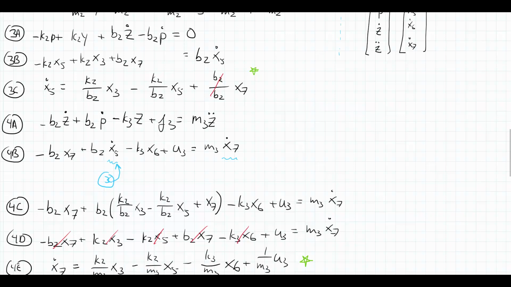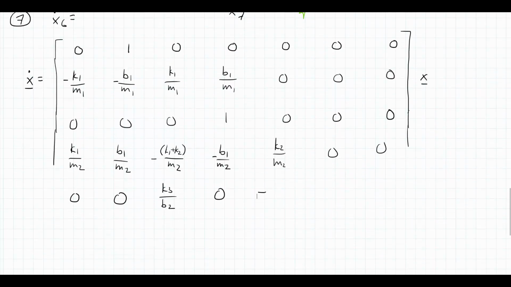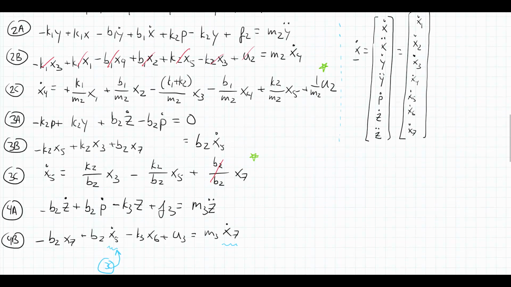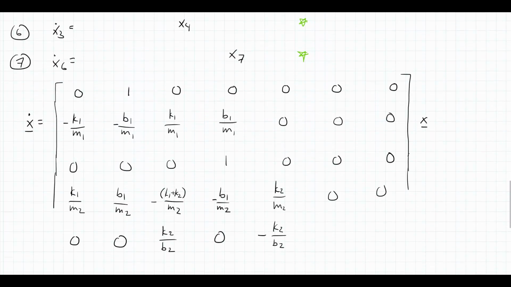So k2 over b2, that should be a k2. And this is a negative k2 over b2 in front of x5. Let's just double check that here. And yeah, negative k2 over b2, x5, and then it just turns out to be a 1 in front of the x7. So 0 and 1. That was my x5 dot.